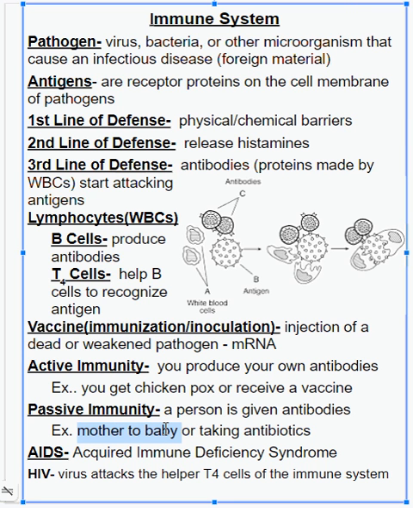When the mom's immune system is fully developed, it produces antibodies that are also located in the milk, and as the baby consumes it, those antibodies enter the baby's body and help to defend that baby because it hasn't fully developed an immune system yet.